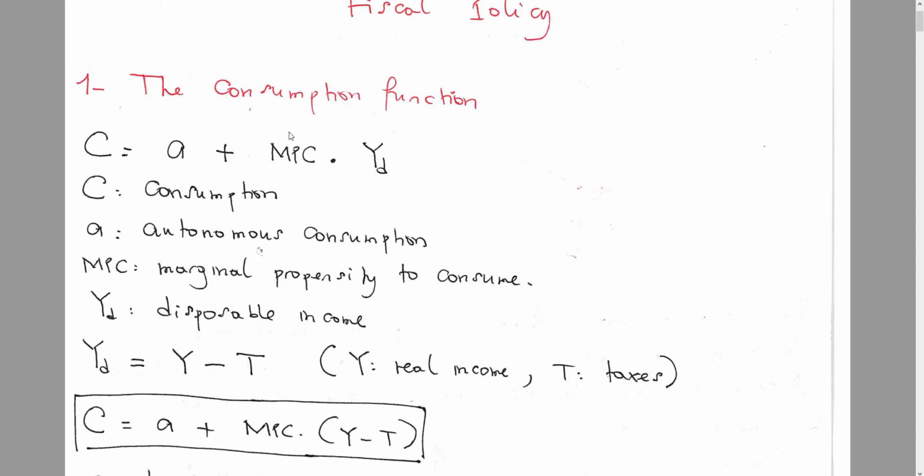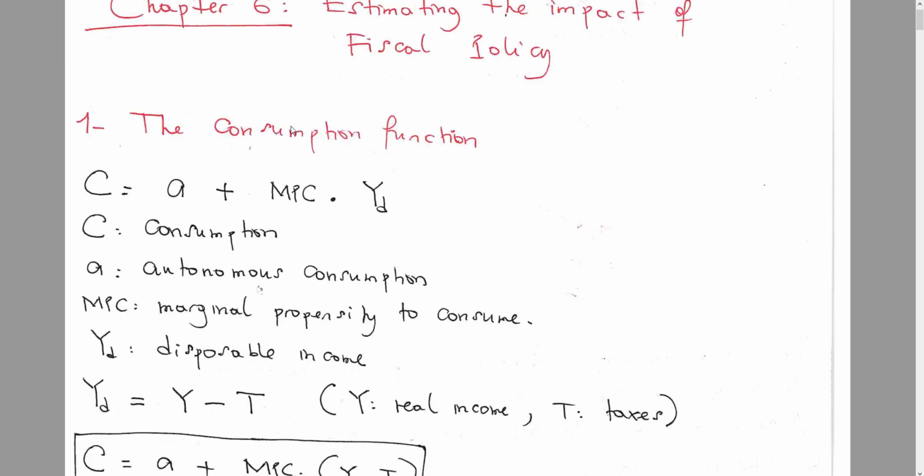So the percentage that goes to consumption is what MPC is. This is the reason why it is generally between 0 and 1, to represent it as a fraction. If it is 0.7, it means that 70% of disposable income is consumed, and of course 30% is saved. If it is 0.9, then 90% of disposable income is consumed and only 10% is saved.